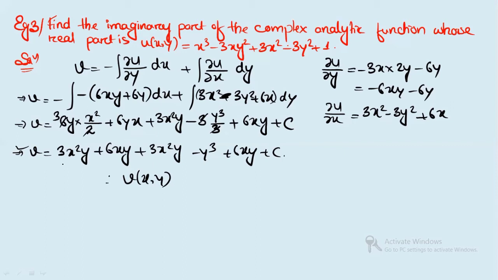If you see here, 3x square y appears twice, so you will write it only once. 6xy is also 2 times, you will write it only once. This is minus y cube plus c. So this is the value of the imaginary part.